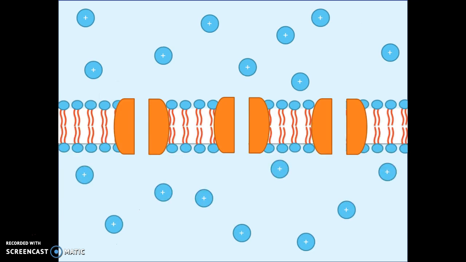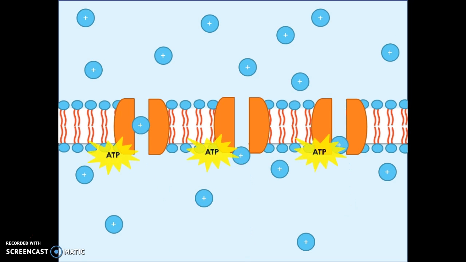But there are some times when we want to create a high concentration of a particle on one side of a membrane. So we're actually moving against this constant, random, natural process of the movement of particles. So this is going to require energy. Let's take a closer look at our inner mitochondrial membrane one more time. We have these protein channels embedded in the membrane, and they are going to actually use ATP energy to pump hydrogen ions out.